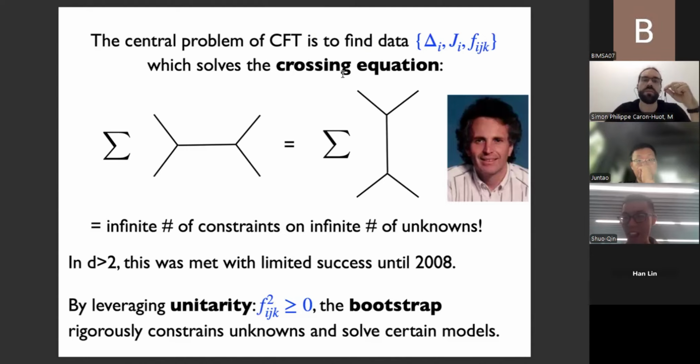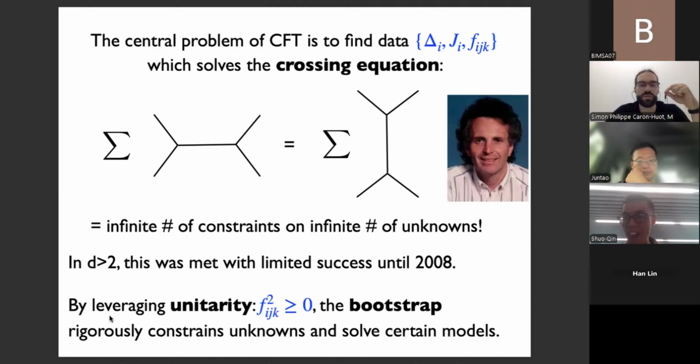This is a central problem of conformal field theory: to find data, this list of scaling dimensions and 3-point couplings, such that the crossing equation is satisfied. This crossing equation must hold for any choice of 4 points, any choice of external operators. So it's an infinite number of constraints on an infinite number of unknowns. In dimension greater than 2, this was met with limited success until 2008, but then there was a kind of breakthrough.